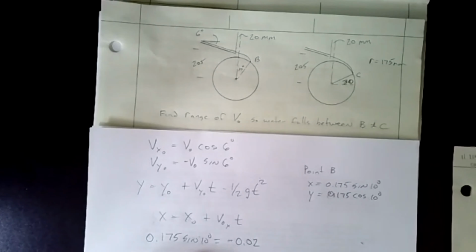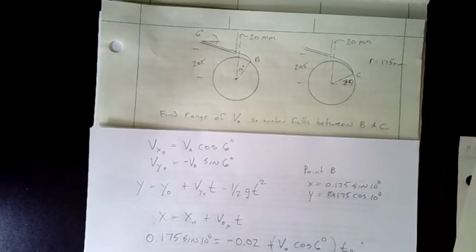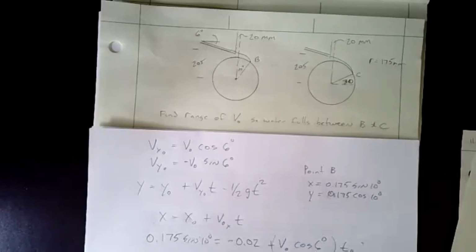And then that's going to be plus the initial velocity cosine 6 degrees times time B. So if we solve for that, we get TB equals 0.0504 divided by V naught cosine 6 degrees.